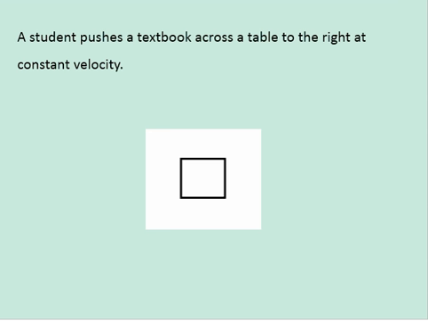All right, now what about a student starts to push that textbook across the table to the right with a constant velocity? Well, even though our motion is in the x direction or the horizontal direction, doesn't mean our weight goes away. We still have our force due to gravity, our weight of our object.